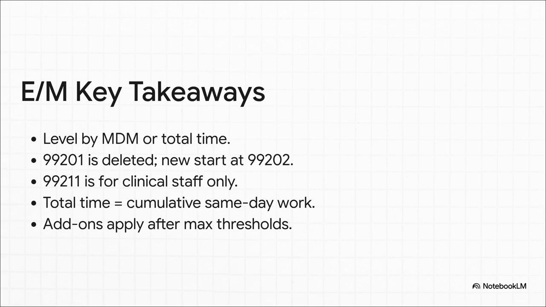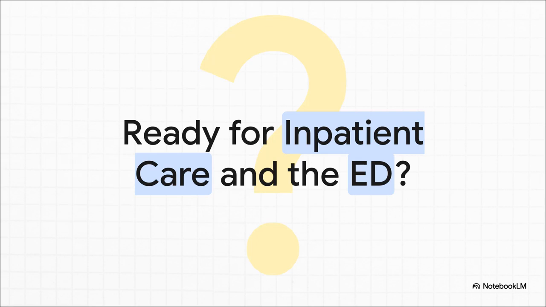Fourth, total time means cumulative, same-day work only. Zero double dipping and absolutely no staff or travel time included. And finally, those prolonged codes, 99417 and G2212, they only unlock after you've totally maxed out a 99205 or 99215 based on time. And just like that, you are now armed with the exact logic you need to conquer the office and outpatient E&M section.